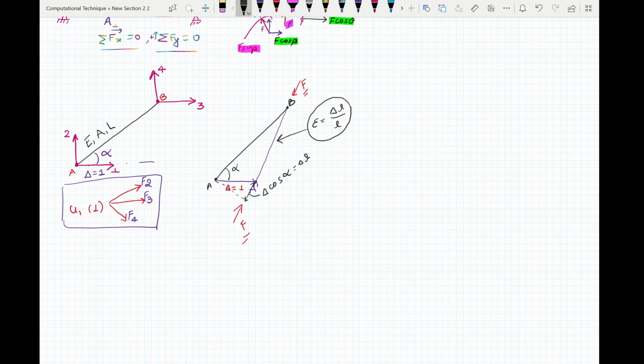So what we have now is this, our A dash, this is our B, and we have our force acting here like this. Now you have to find the components of these forces in all of these degrees of freedom.